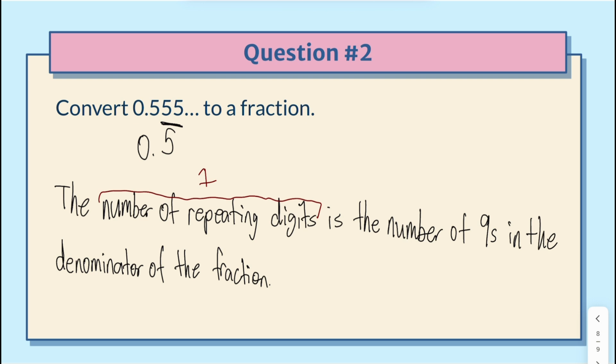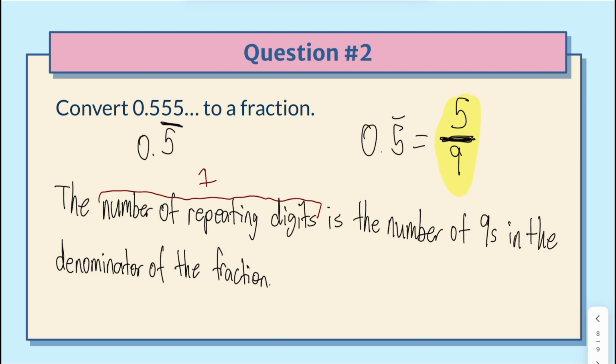So let's say we have a fraction. The number of nines in the denominator is 1, so we just write 9. And then at the top, we can just write the digits that repeat. So we just write 5. And just like that, we have our answer. 0.5 repeating is equal to 5/9.